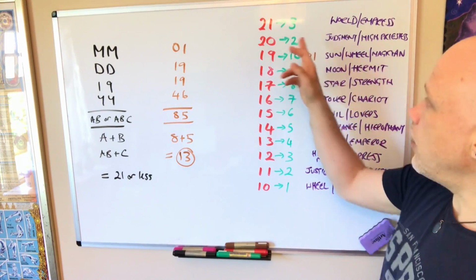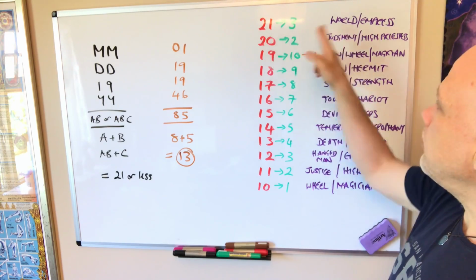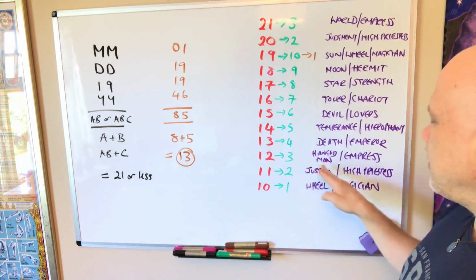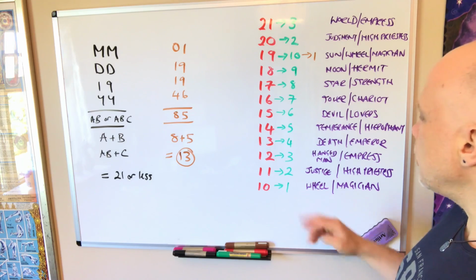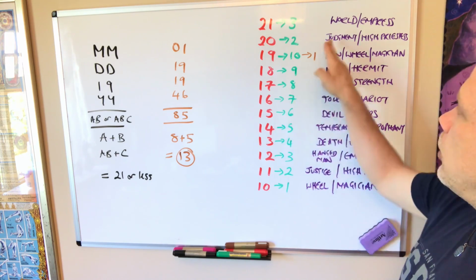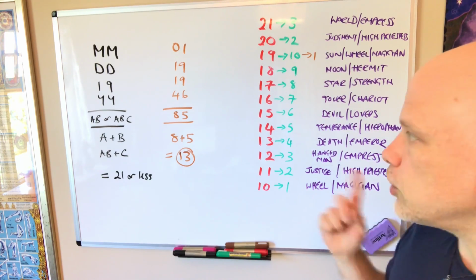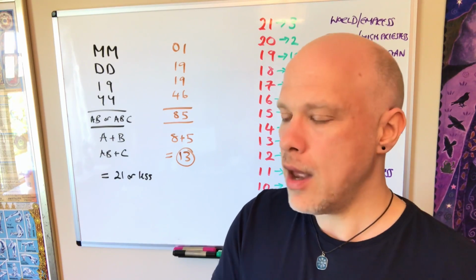The other thing to be aware of is that some cards appear more than once. So you can be a World Empress because 21 reduces to 3, or you can be a Hanged Man Empress, because 12 reduces to 3. You can be a Justice High Priestess because 11 reduces to 2, but you can also be a Judgment High Priestess because 20 reduces to 2. So in this method, it's important to know exactly what pair you're dealing with.